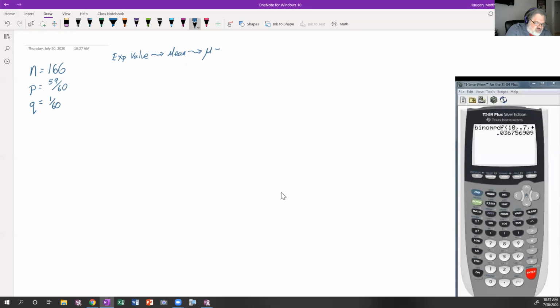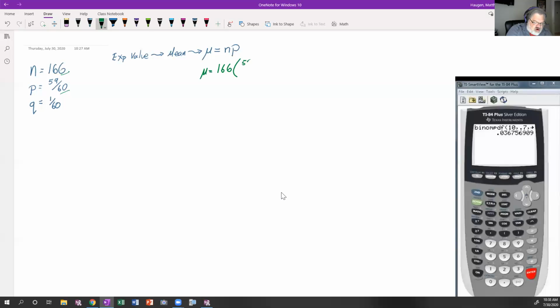And remember, the formula for that is fairly nice. That's just our NP. If we've got 166 people, and the probability of them having this condition is 59 out of 60, then it's 59 out of 60ths of the 166. So that's going to be fairly nice.